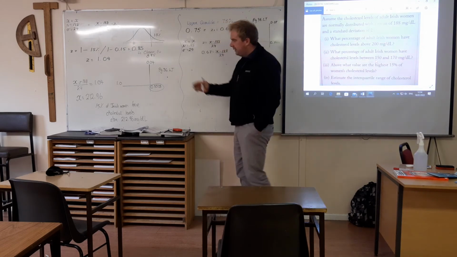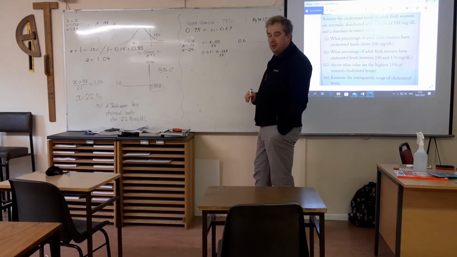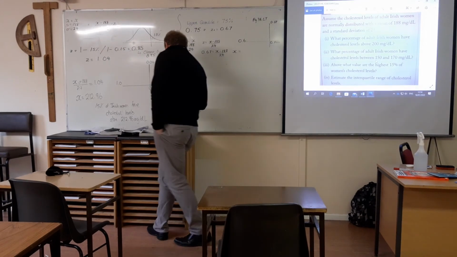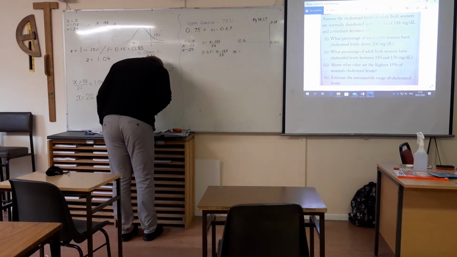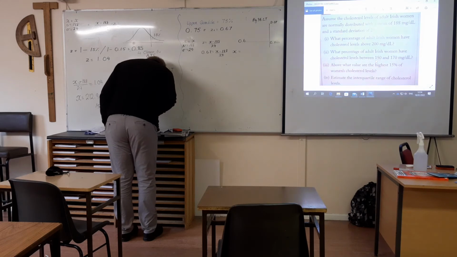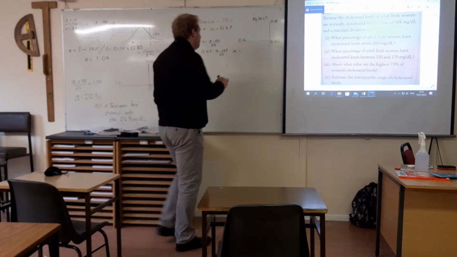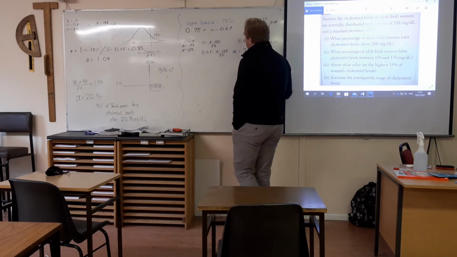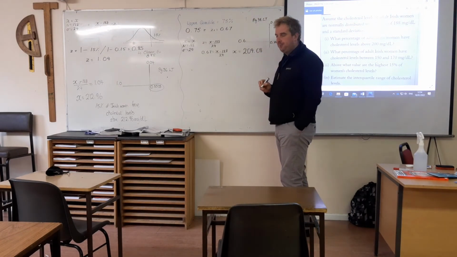And again, just like in the last question, we can calculate the value for x using some algebra techniques. The value for x there will be 204.08. That is your upper quartile calculated.